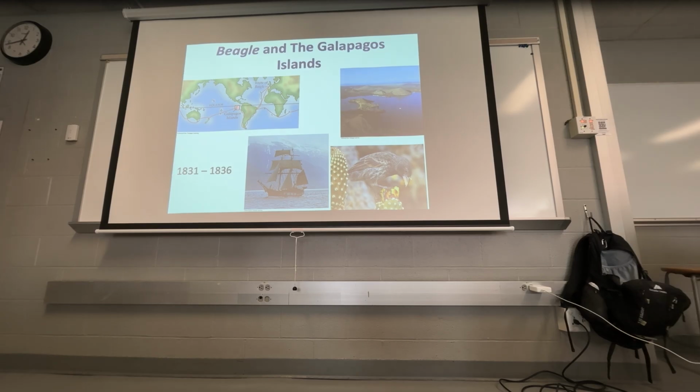The islands that he visited, and there were lots of them, were also very, very rich in species diversity, because islands are one of the places where evolution can happen really rapidly. The Galapagos is a great example of this. It's close enough to the coast so that sometimes species can make it to it, but far enough away that once you're there, you really don't want to go back.